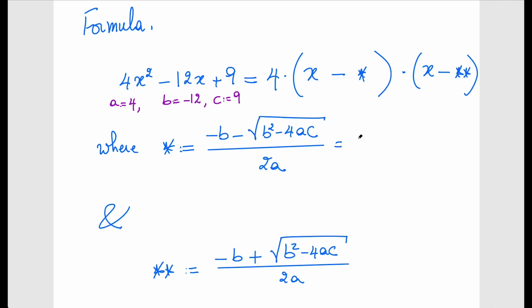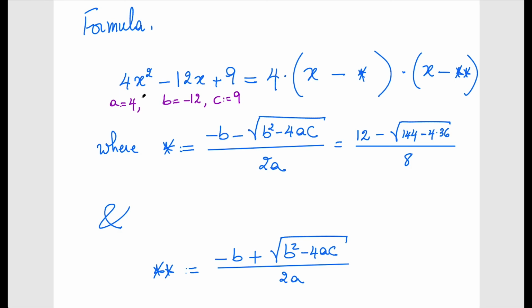Negative b becomes 12, minus the square root of b squared, that's negative 12 squared, which is 144, minus 4 times ac. What's ac? 4 times 9 is 36. Divided by twice a, and a is 4, so twice a is 8.